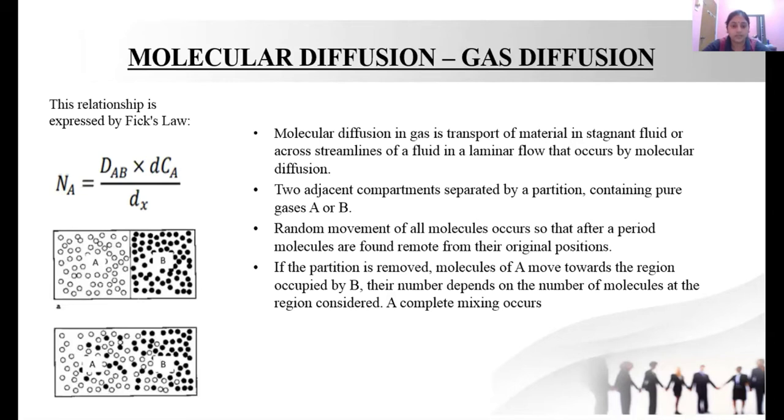If the partition is removed, molecules of A move towards the region occupied by B. Their number depends on the number of molecules at the region considered. A complete mixing occurs.